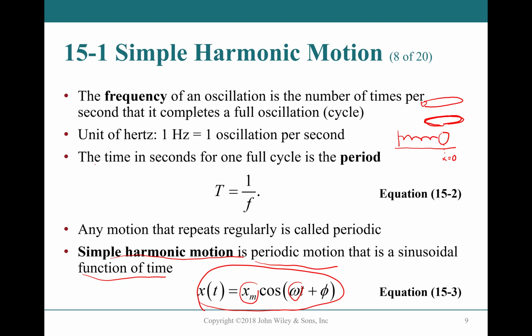So here we have the time in seconds for one full cycle is what we call period. And what is frequency? Frequency is the number of oscillations per second. So that's why we have the definition period equals to 1 over frequency, which is this guy here.